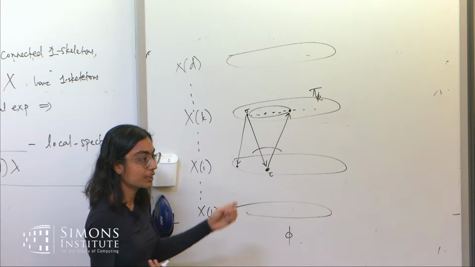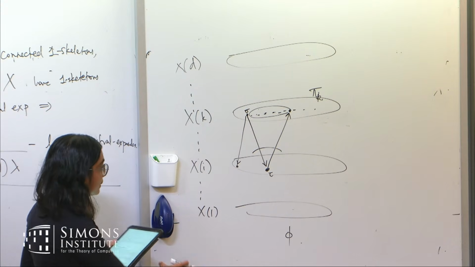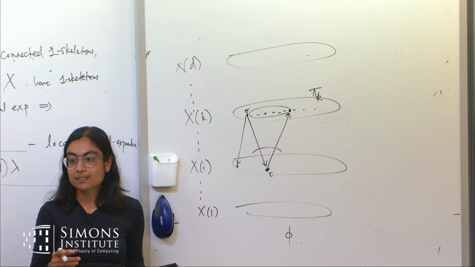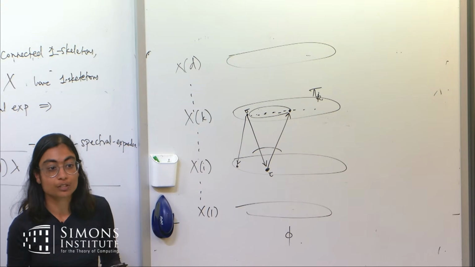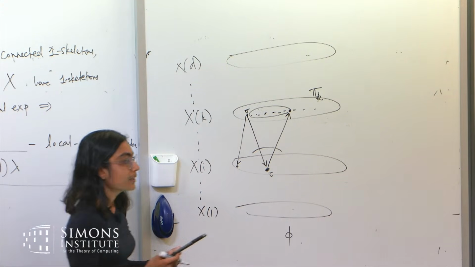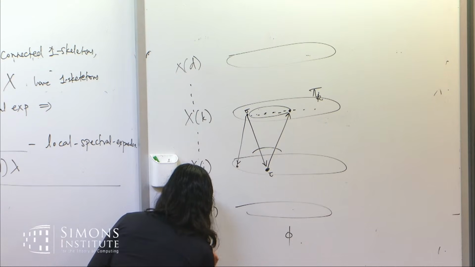So this might look contrived, but even for the complete complex, this generates the so-called well-known Johnson graphs. So let me just tell you what these are.